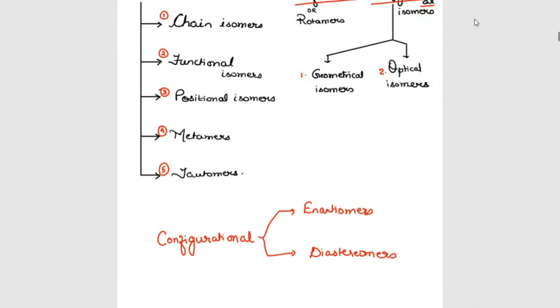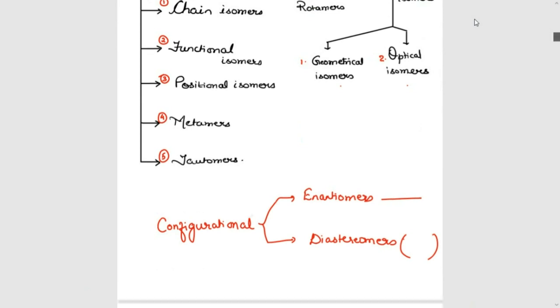Diastereomers are those which are non-mirror images of each other. I prefer this type of classification, but of course, the technical one is geometrical and optical. Because if you do it this way, optically active comes into enantiomers, and rest all, geometrical and other types of optical, come into the category of diastereomers. We'll see further what all this is.